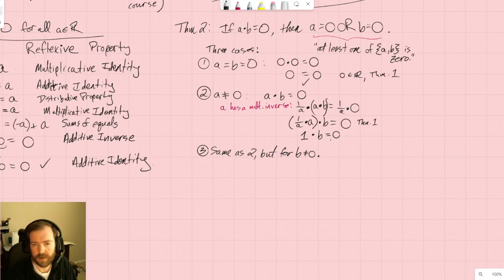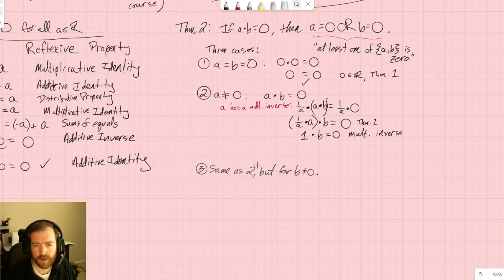So then here, this is multiplicative inverse. And then we're going to take this, shift it down a bit. And 1 times b is just b.